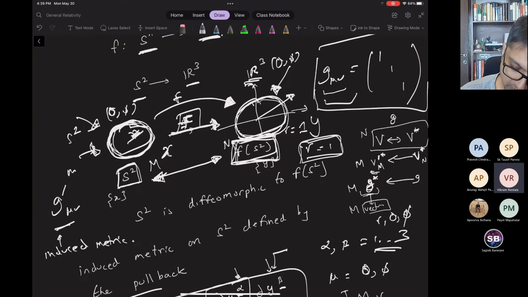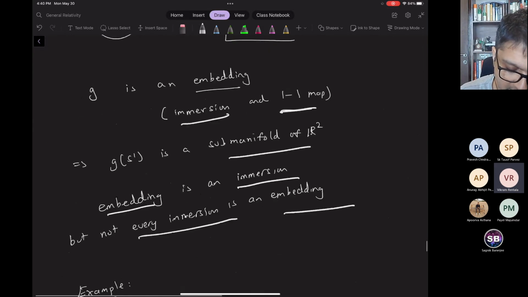I think you can define it locally if it's an immersion. Okay, I think it's fine. I mean, there's a subtlety, but let's not get into it.